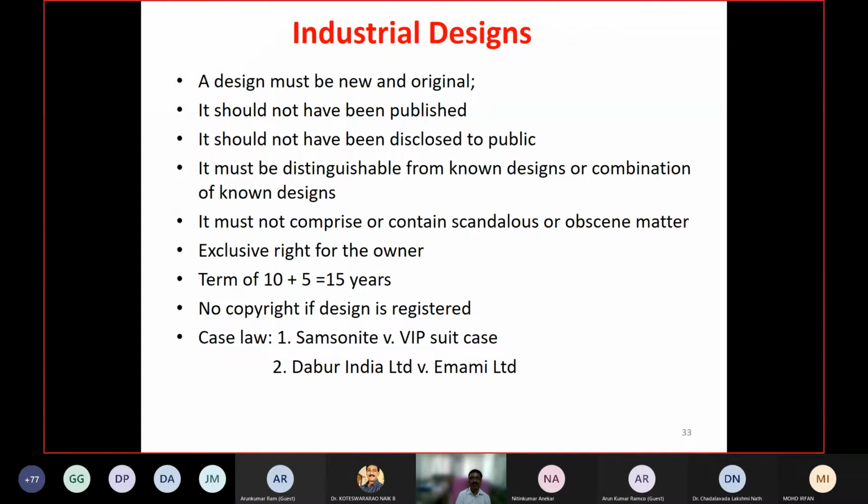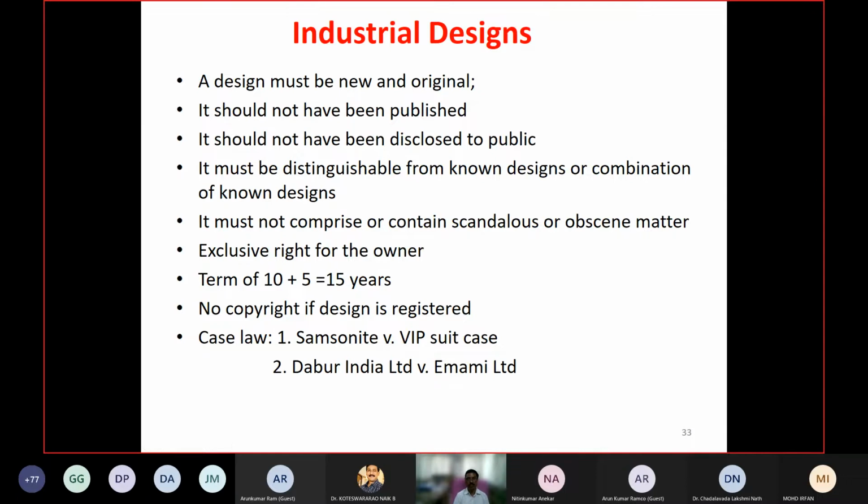An industrial design registered under the Designs Act cannot be registered as an artistic work under the Copyright Act. And subsection 2 of Section 15 gives an exception to that. If it is not registered under the Designs Act, that artistic work can be registered here.